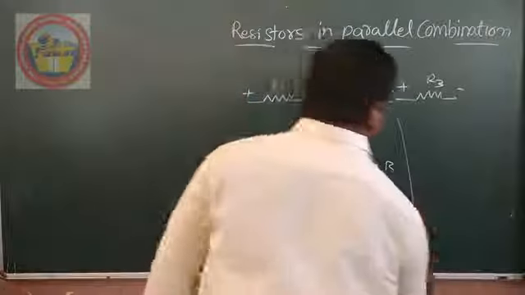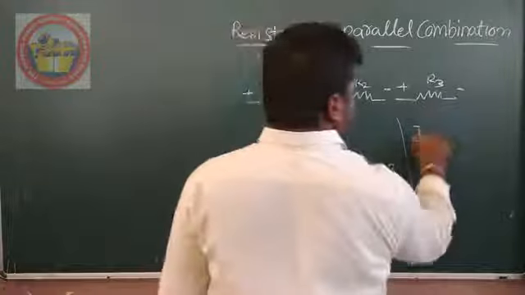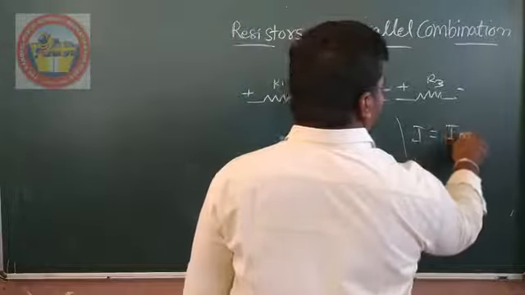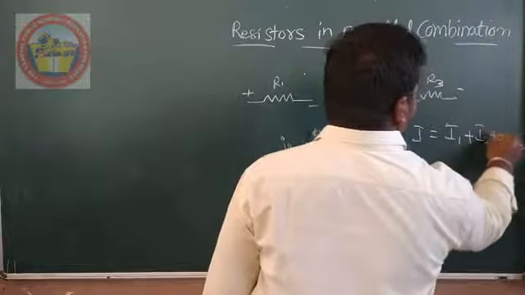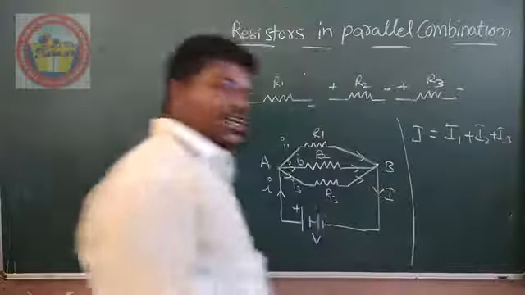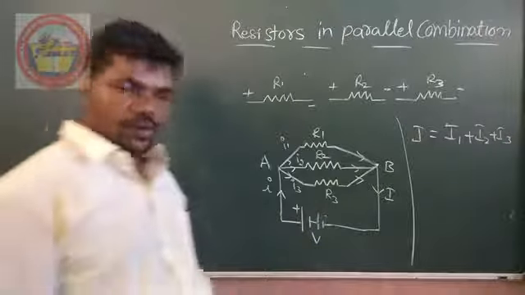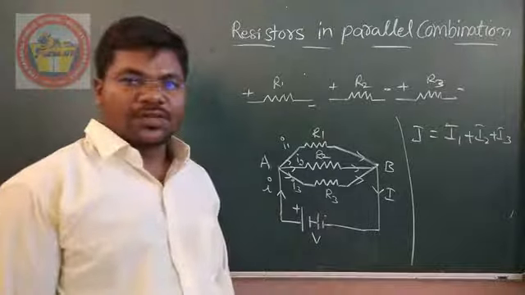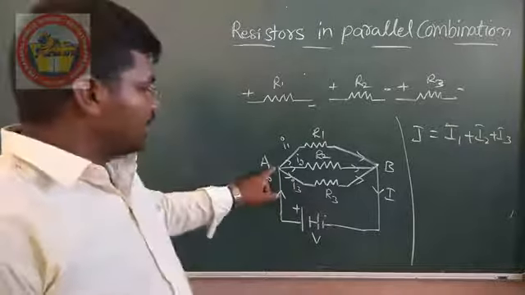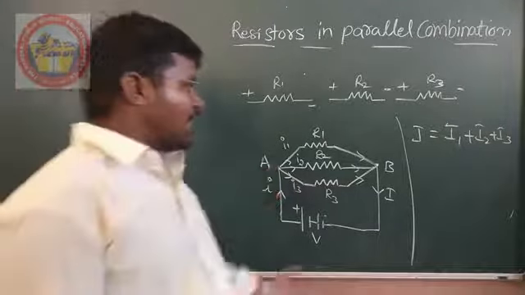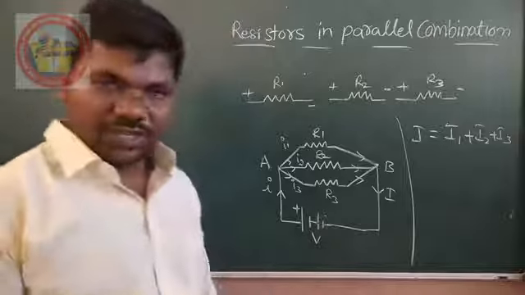In parallel combination, the current splits into I1 plus I2 plus I3. This is the junction rule, Kirchhoff's junction rule: the current entering the junction is equal to the current leaving the junction.